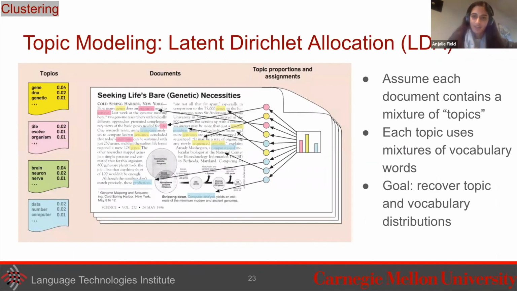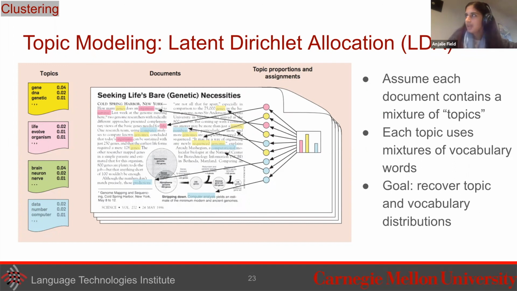Okay, so what do you do when you can't use supervised data? There are a lot of unsupervised methods, and one that is very popular, and is not really talked about much in NLP venues anymore but continues to be extremely common in computational social science work, is topic modeling.